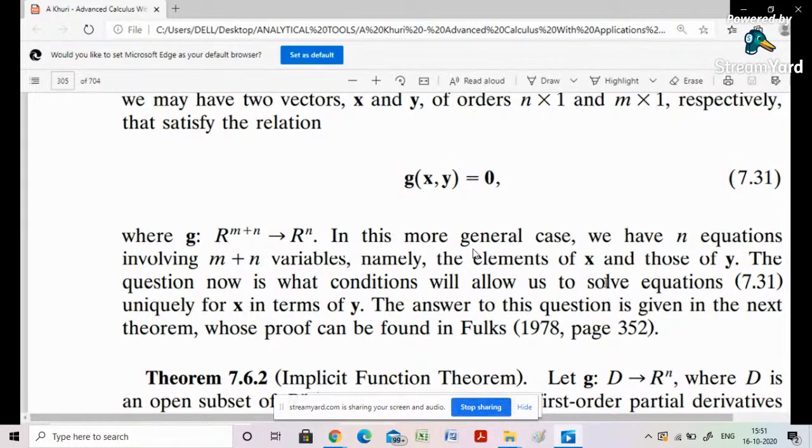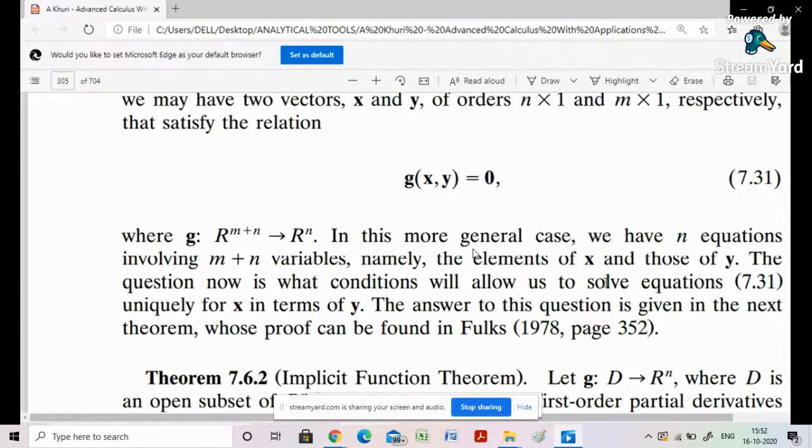You know, in matrix theory, if there are n equations and n unknowns, you can solve the matrix equation, or the system of linear equations. So the number of equations should be equal to the number of variables, and then we can solve. But here that is not true.